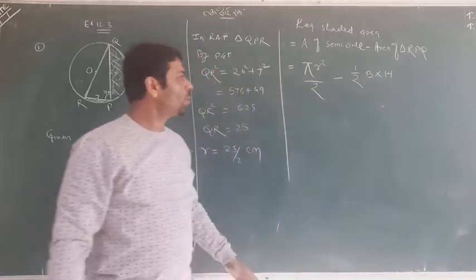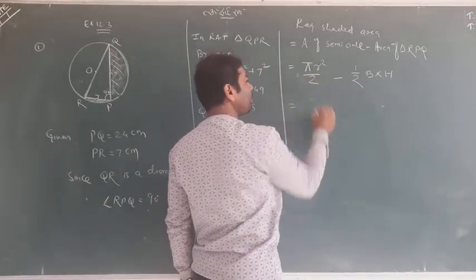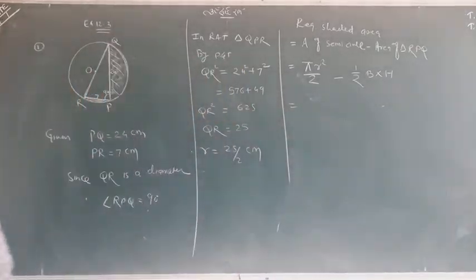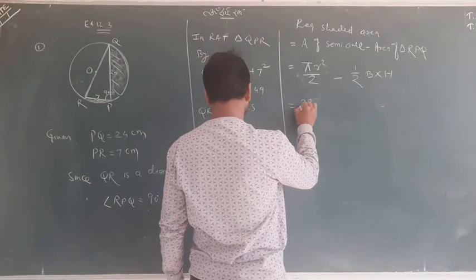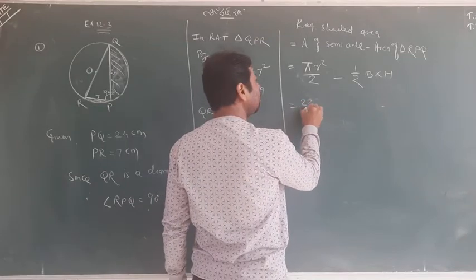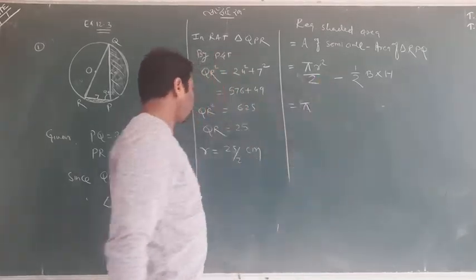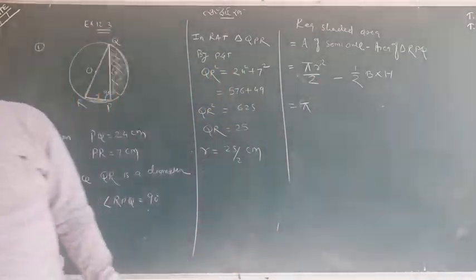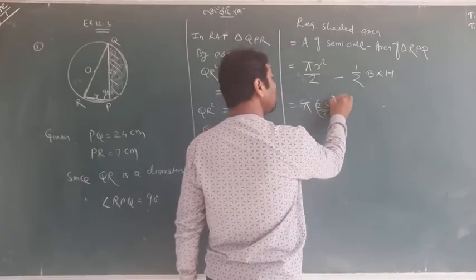Now you can go through this. The value of pi in the question, 22 by 7, is given, so we will follow that. What is r square? That is 25 by 2, whole square, upon 2.